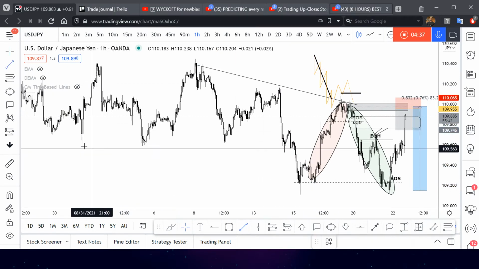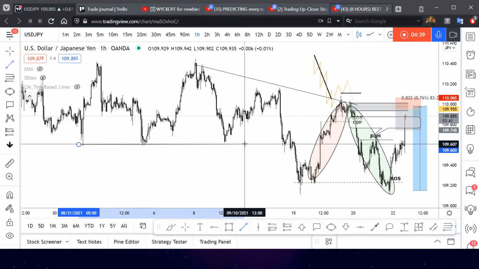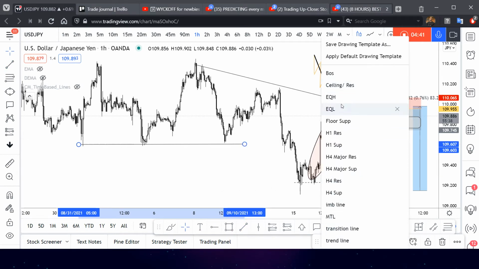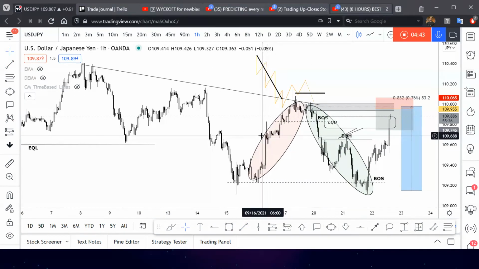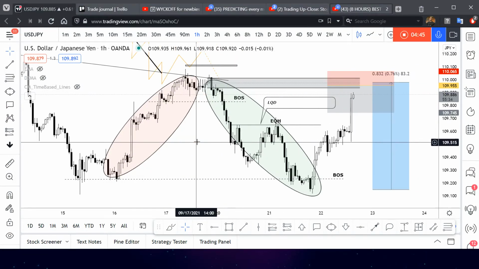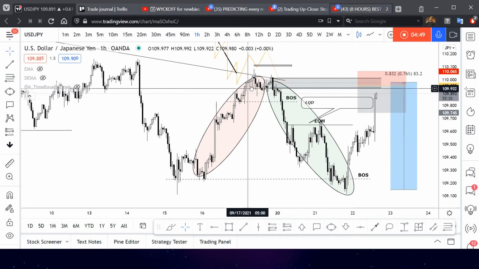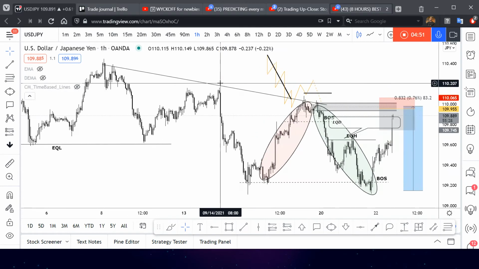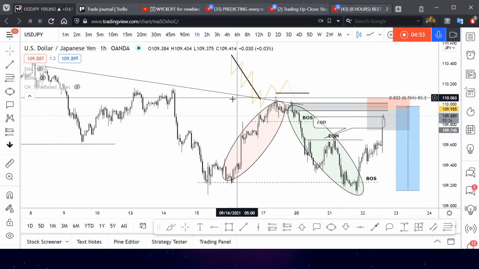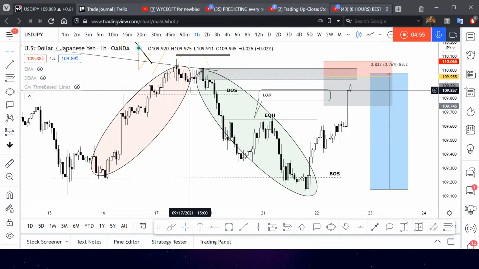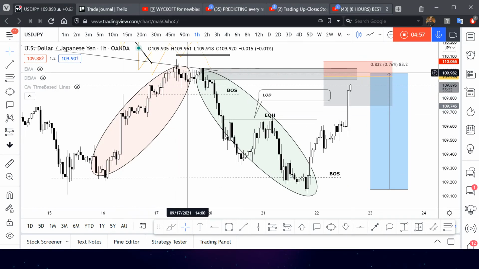We see prices taking out these lows. We see even though all this bullish activity is going on, it could not surpass these highs. And now, since we have this corrective movement, the structure has been broken.